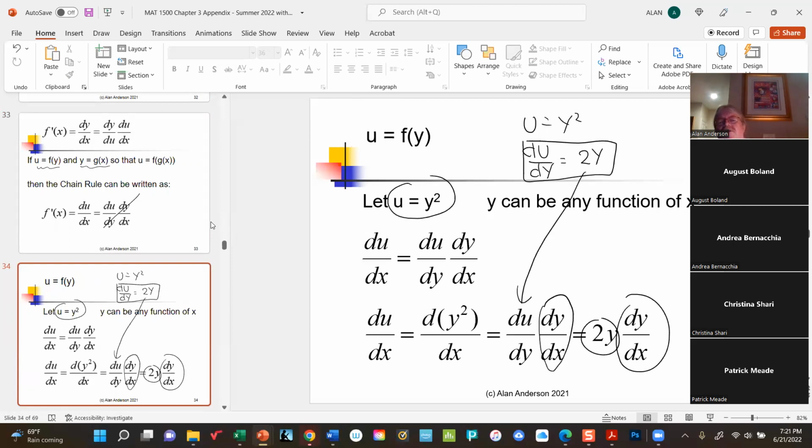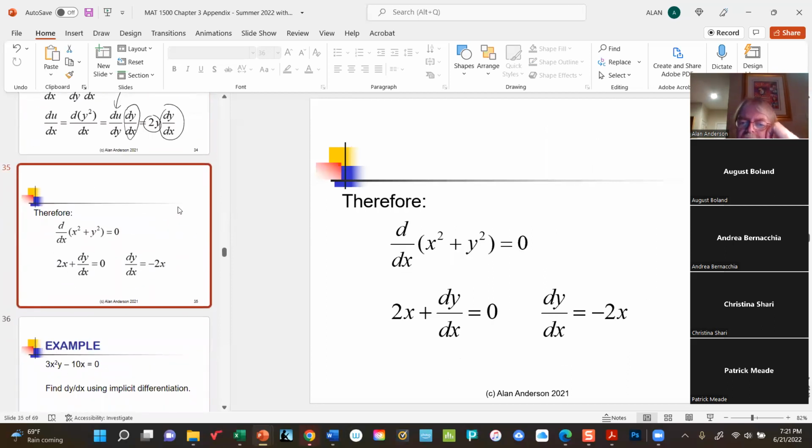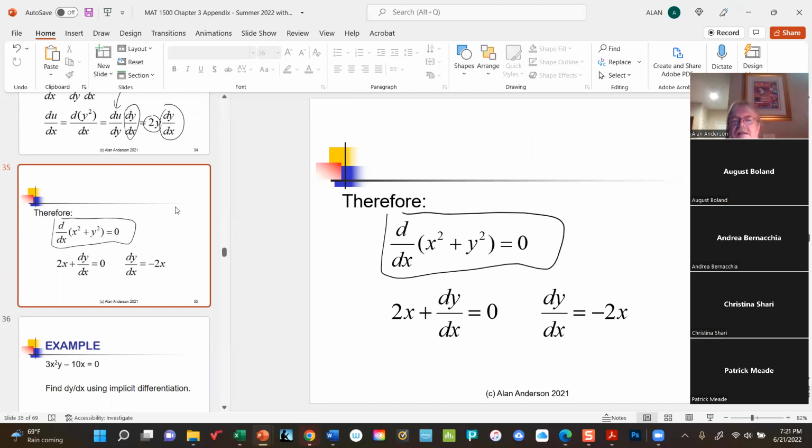So what that means is, with implicit differentiation, whenever you differentiate the y, we have to keep in mind that we need to use the chain rule. So here, the bottom line is, after all the dust settles, this is the starting point.